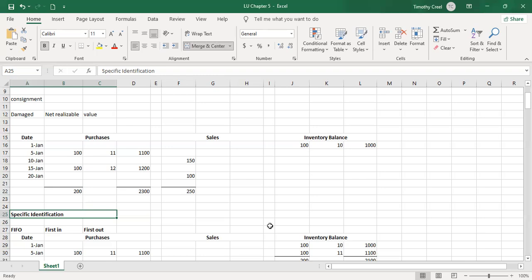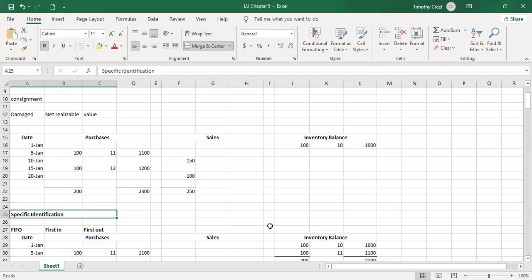One thing I want to say up front is there's no way to really know which box of Tide is being taken out when a customer buys it. But the 3 methods we're going to look at are just simply ways that companies have to account for their business when this is the case with their inventory.